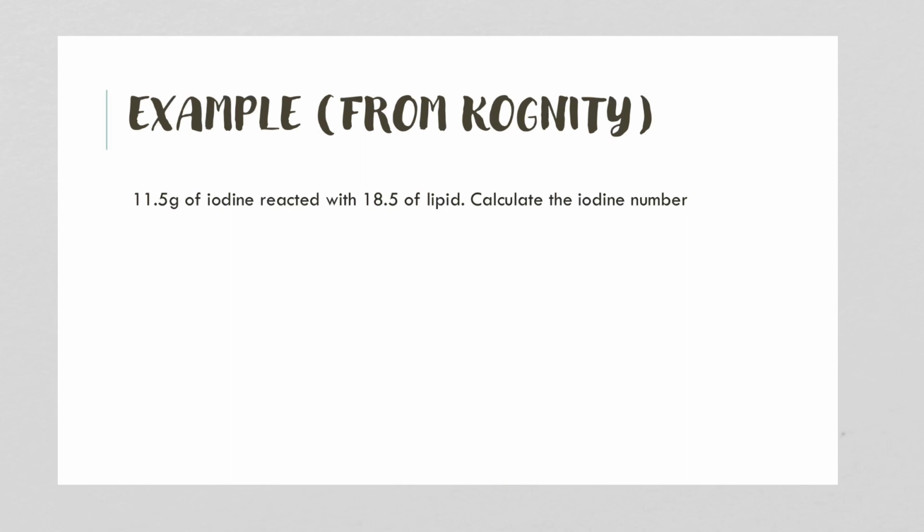So the iodine number is equal to the mass of iodine that reacted over the mass of the lipid, times 100. That is 11.5 grams divided by 18.5 grams times 100, so we get an iodine number of 62.2.